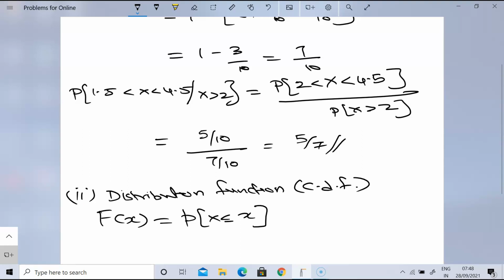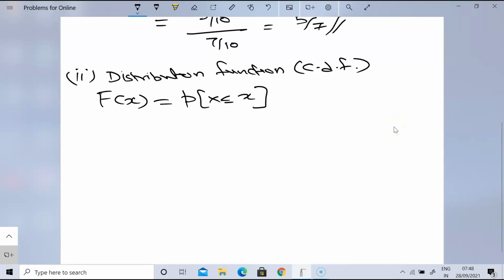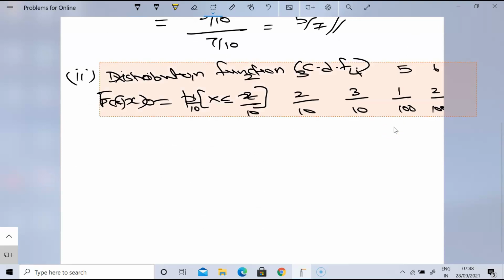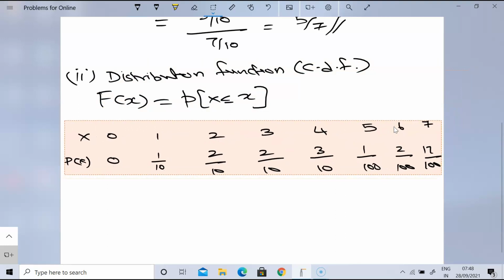I will give you a shortcut. What does this mean, what is the distribution function? If you remember, this which I found is not the CDF, it is the probability mass function. Now, from this, if you want a CDF, I will write here F of x.